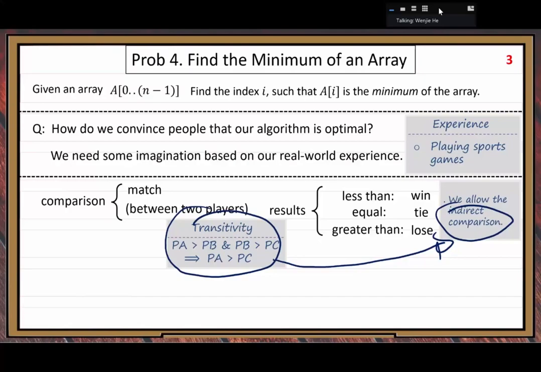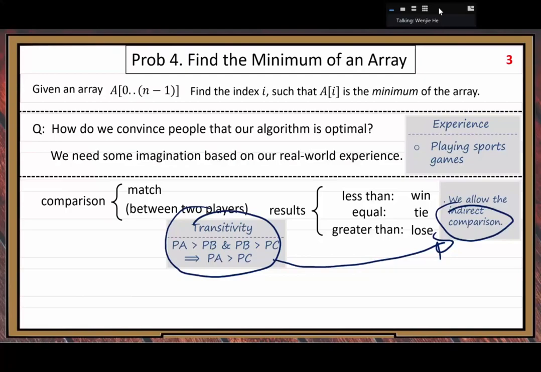After we know PA greater than PB and PB greater than PC, we can make our conclusion immediately that PA greater than PC without any new comparison. So between PA and PC there is an indirect comparison. We do not need to do direct comparison, because we already have the information we need. So we can save one comparison.